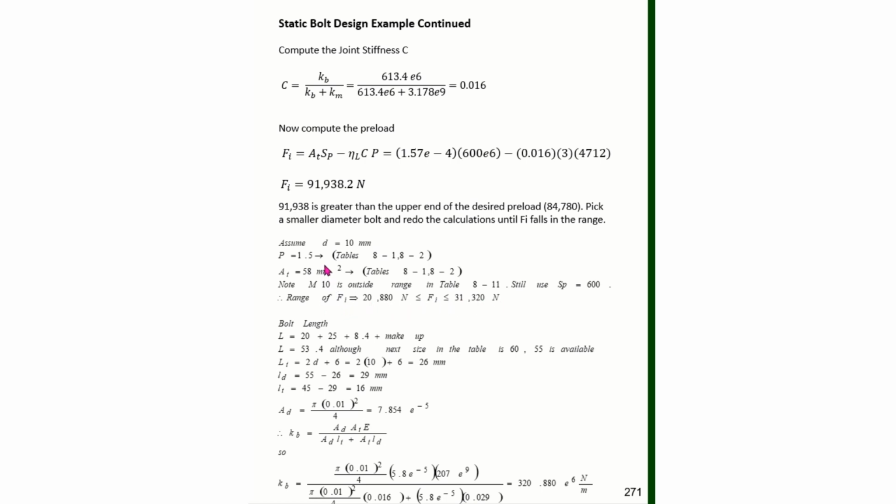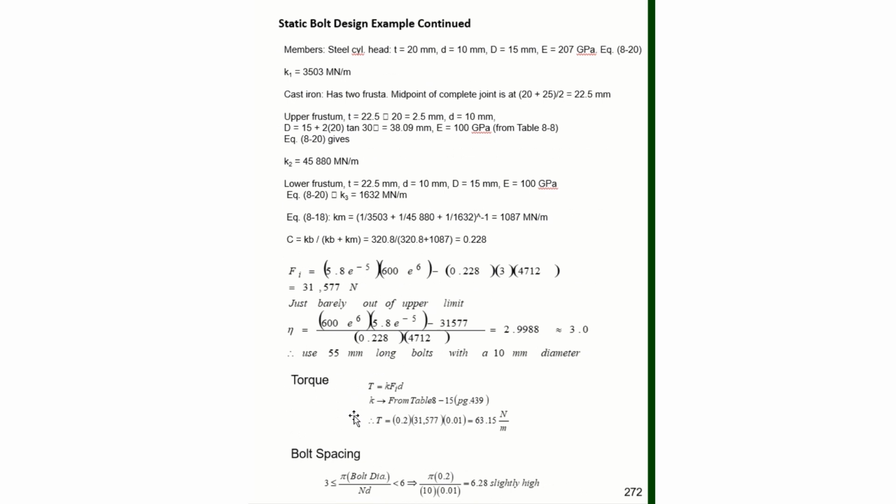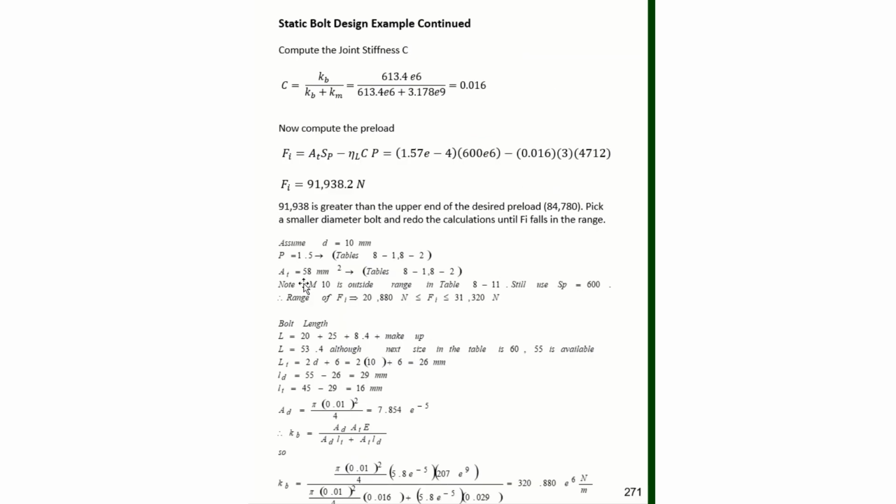And so I had to get the proof load, get the proof strength, get the range on my preload, go get all of the L's, KB, KM, and compute all of these numbers, and then compare the FI to the new preload range.